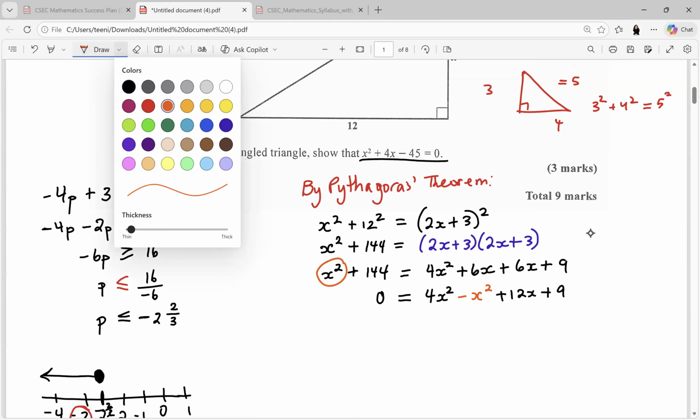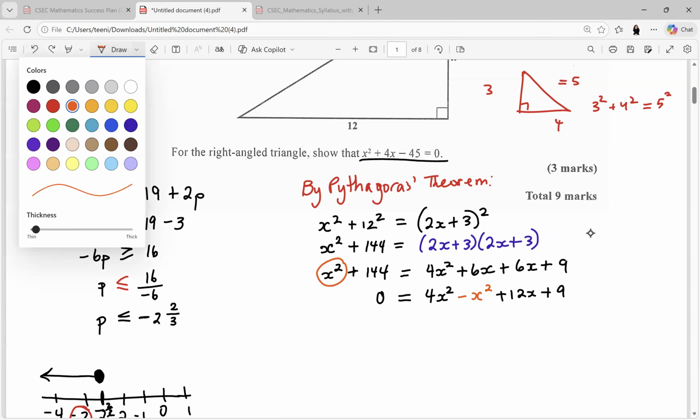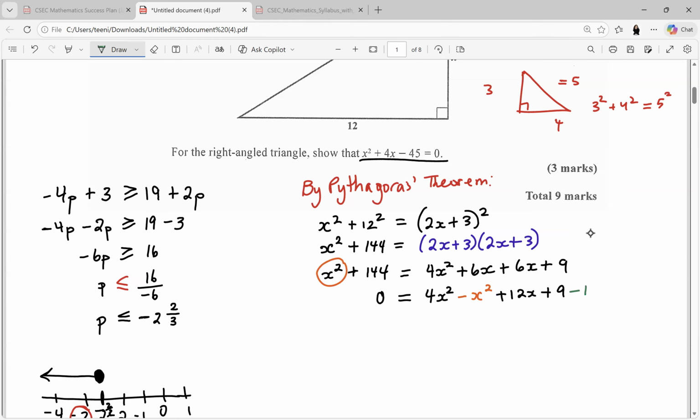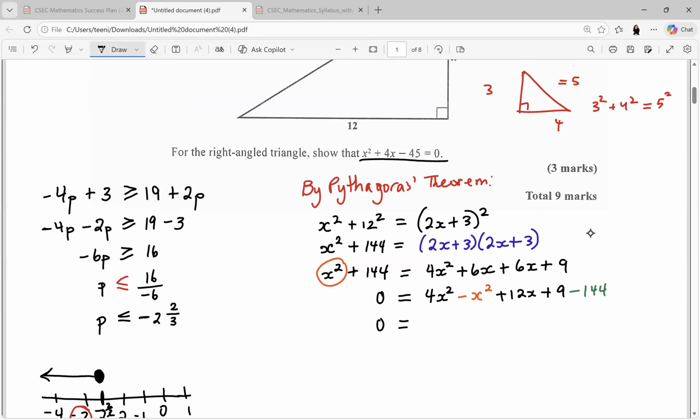And I'm moving this 144 to the other side. So that would become, let me use a different color, minus 144. All right. So now this is 4x squared minus x squared is 3x squared plus 12x. 9 take away 144 is negative 135, right?